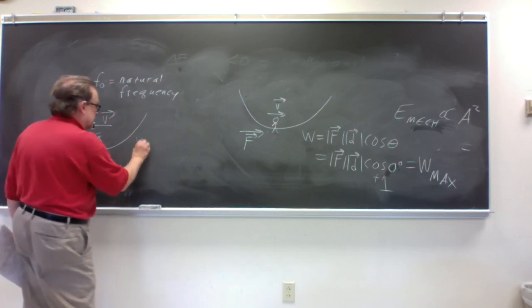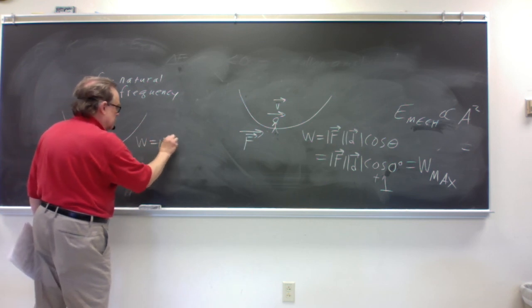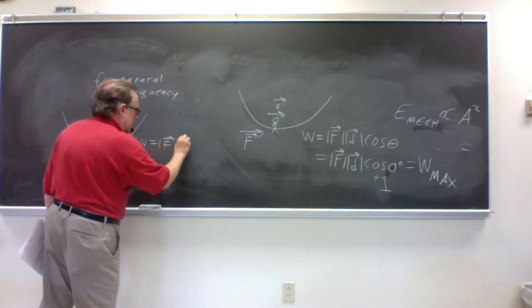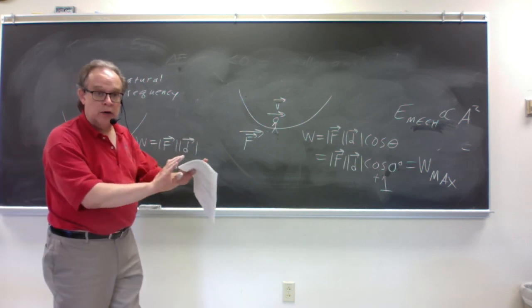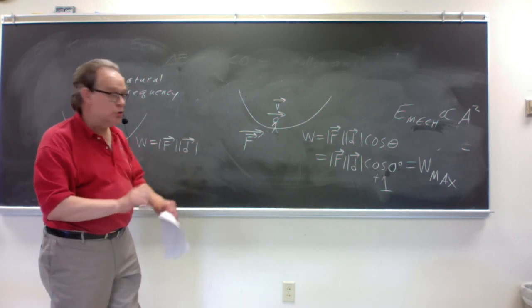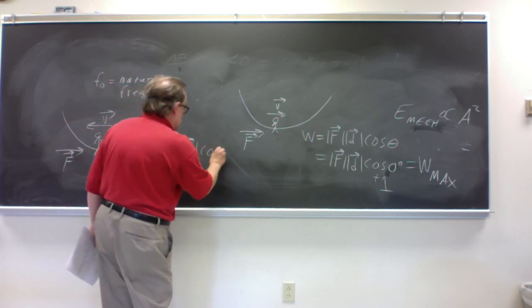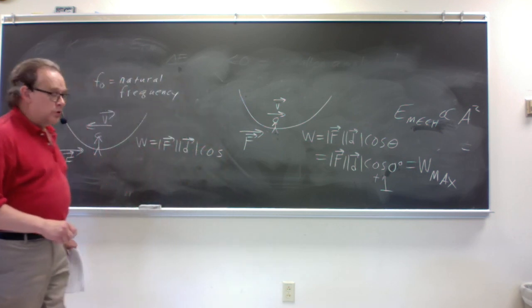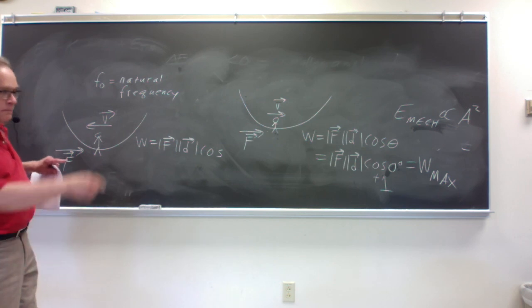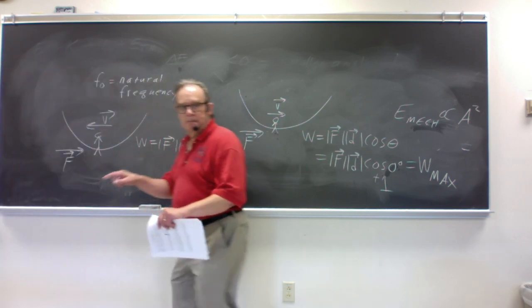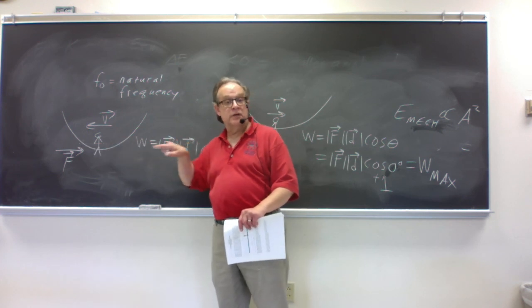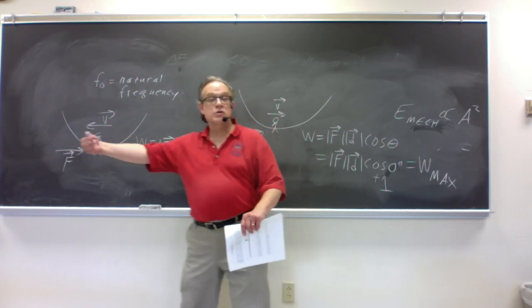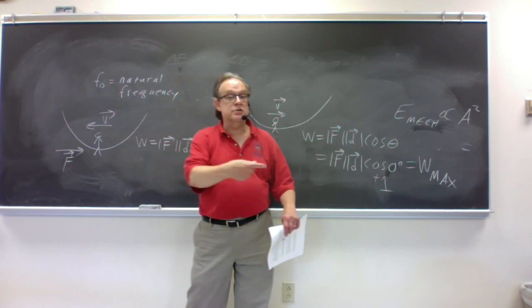In this case, the work done is the magnitude of the force, times the size of the displacement, the distance traveled while you are pushing, times cosine of the angle between force and displacement. Now in this case, the kid is moving this way, so the displacement of the kid is this way, but the force, your push, is in the opposite direction.